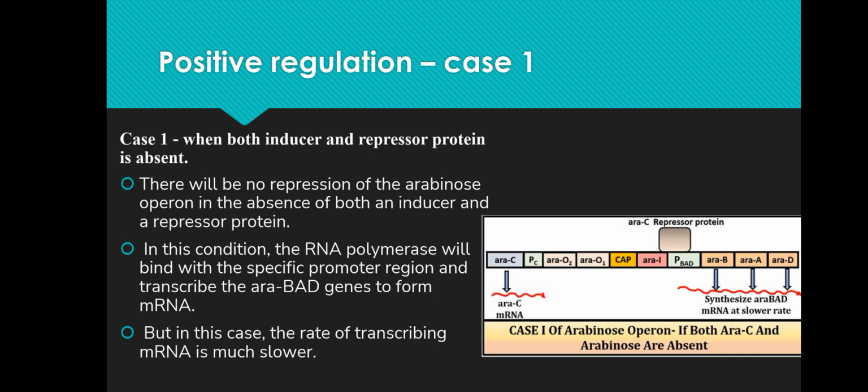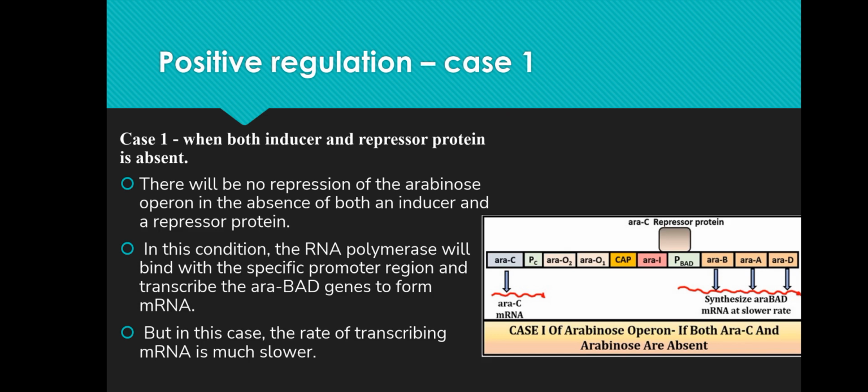Here is case one of positive regulation, where both inducer and repressor protein are absent. If there is no inducer and repressor protein, there will be no prevention of Arabinose operon.